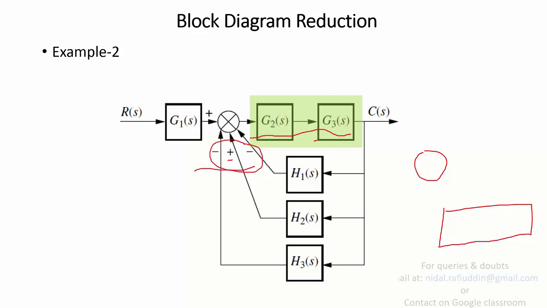Since H1 is taking a minus sign, H2 a positive sign, and H3 a negative sign, you will have a sign change. For example, you could represent this by minus H1 plus H2 minus H3, but in this case you feed the signal to the comparator with a plus sign.